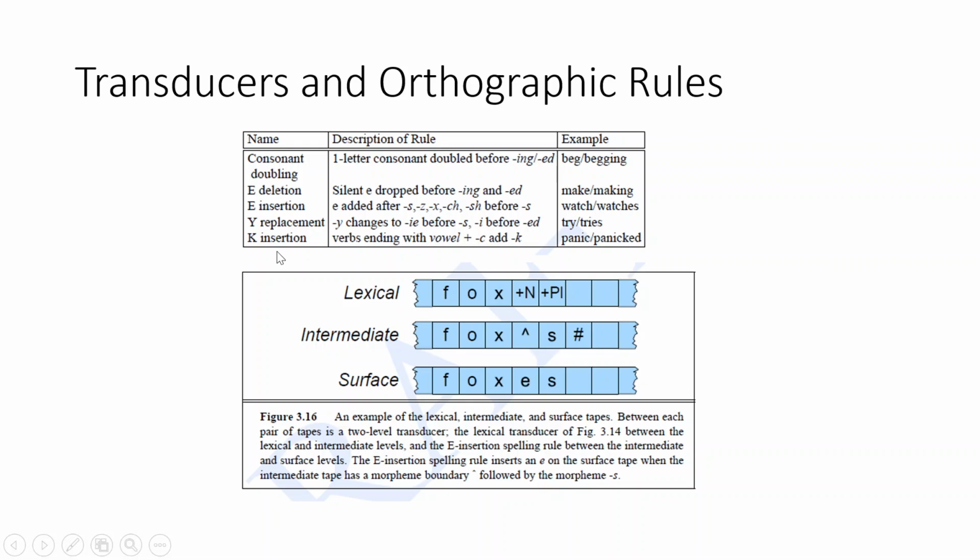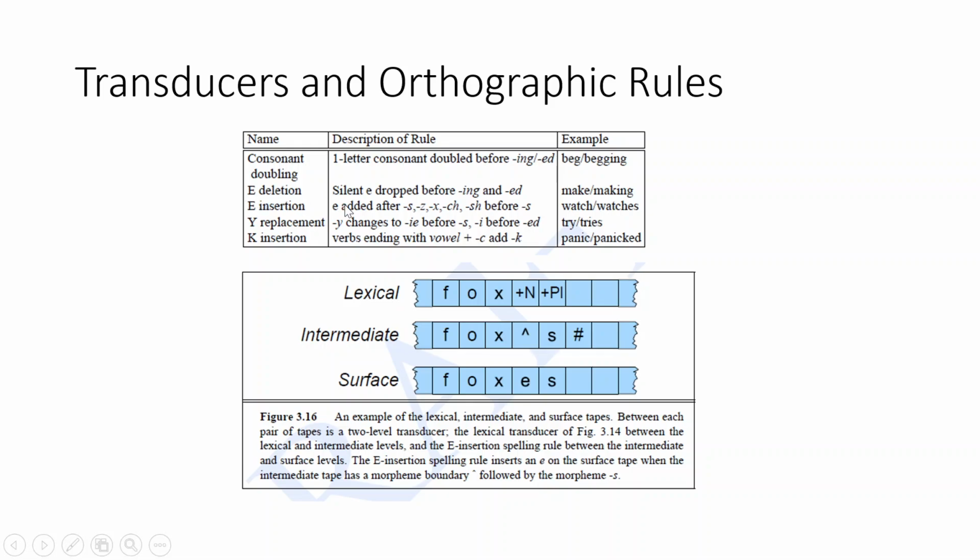Examples of orthographic rules are, say for example, when you have a word like beg, you have a consonant doubling before an ing or before an ed also. When beg becomes begged or begging, there is a consonant doubling. That is an orthographic rule.